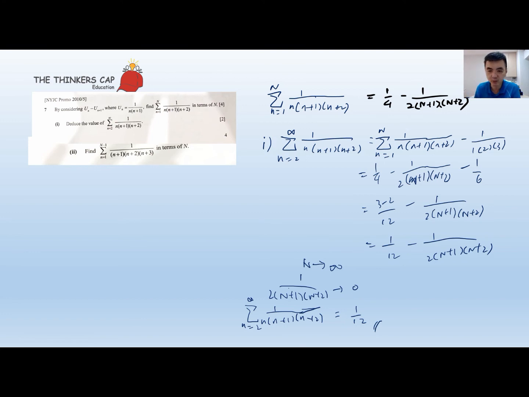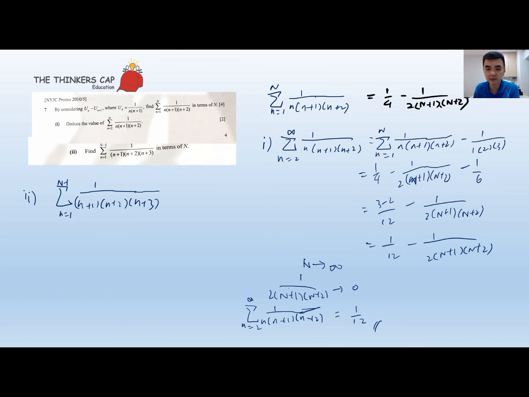For part 2, we are asked to find out the summation of this series: n equals 1, n minus 1, 1 over n plus 1, n plus 2, and n plus 3.